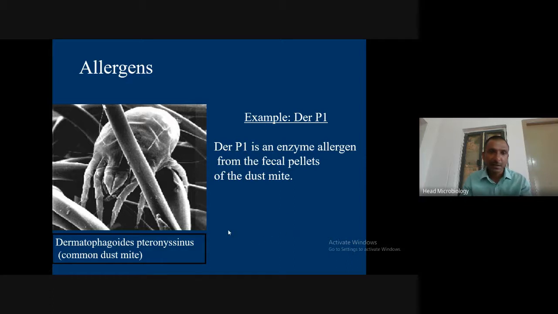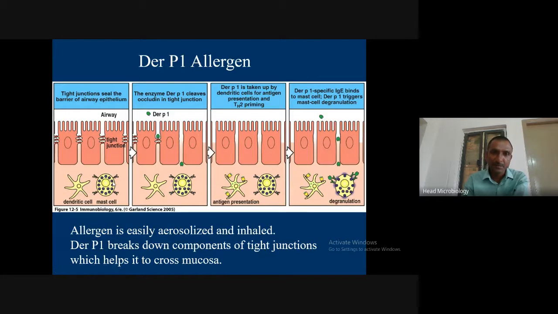If dust enters, it is a foreign pathogen. When it enters our throat, the enzyme allergen from the fecal pellets of the dust mite sometimes closes our respiratory tracts.